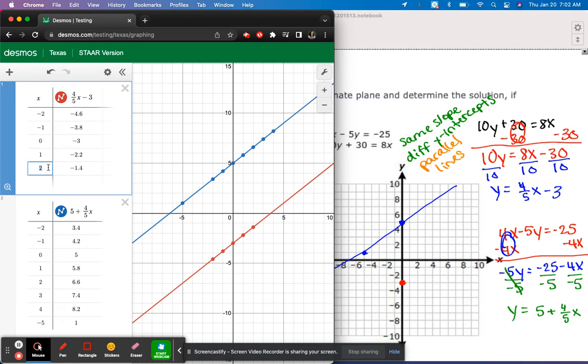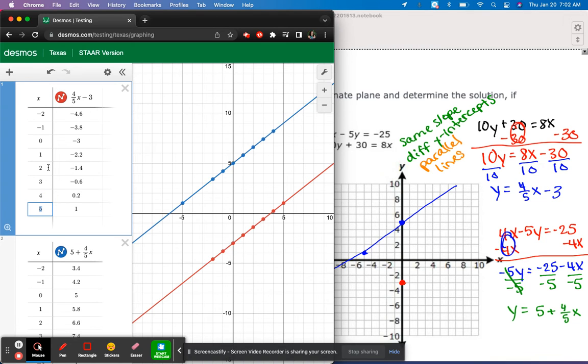And I'm going to add more points to this, another one we can have is at 5, +1, and then connect the dots. So if we remember, parallel lines never touch, cross, or intersect. So this one has no solution.